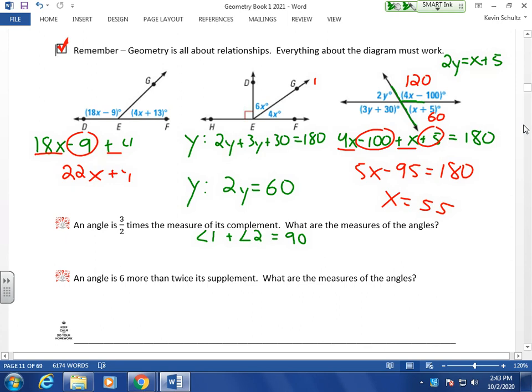So if we label angle 1 just to be x, whatever measure it is, the other angle is going to be 3/2 times x, right? Or 1.5 times x. You can write it either way.